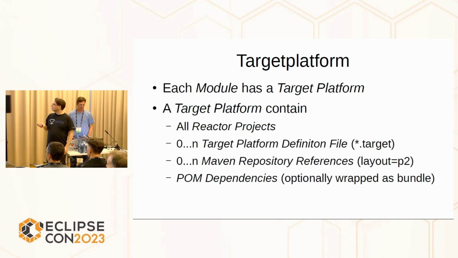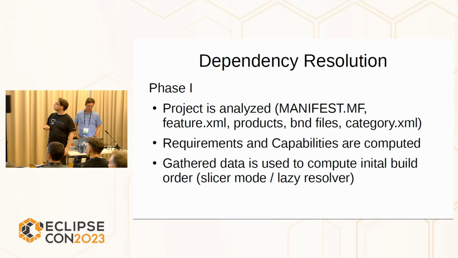And also, of course, POM dependencies, and they are optionally wrapped as a bundle, so this opens you also to the Maven world, so you are not only restricted to using targets or reactor projects.